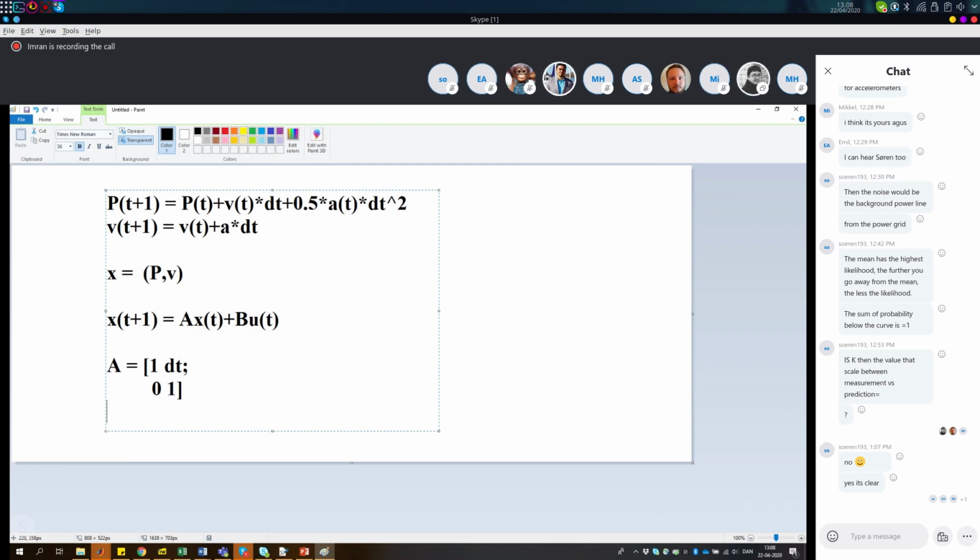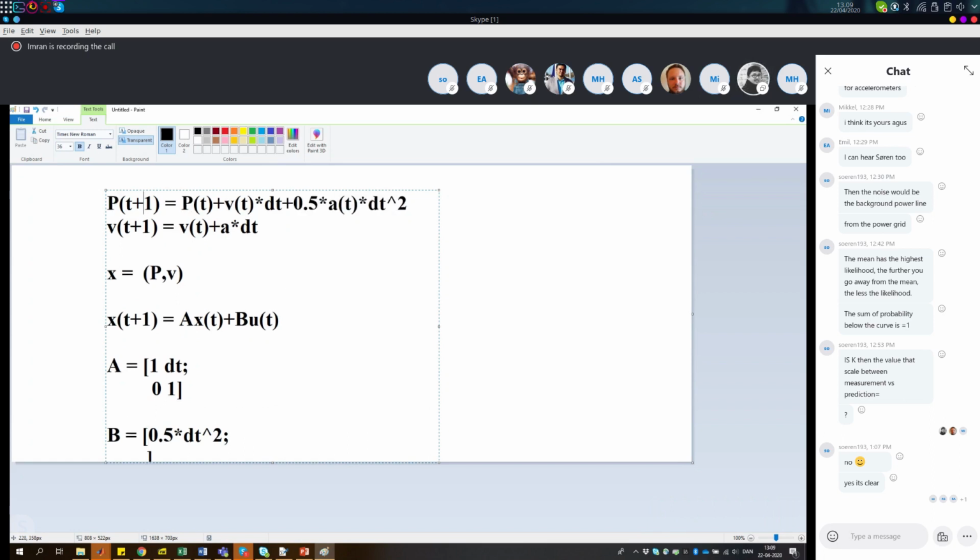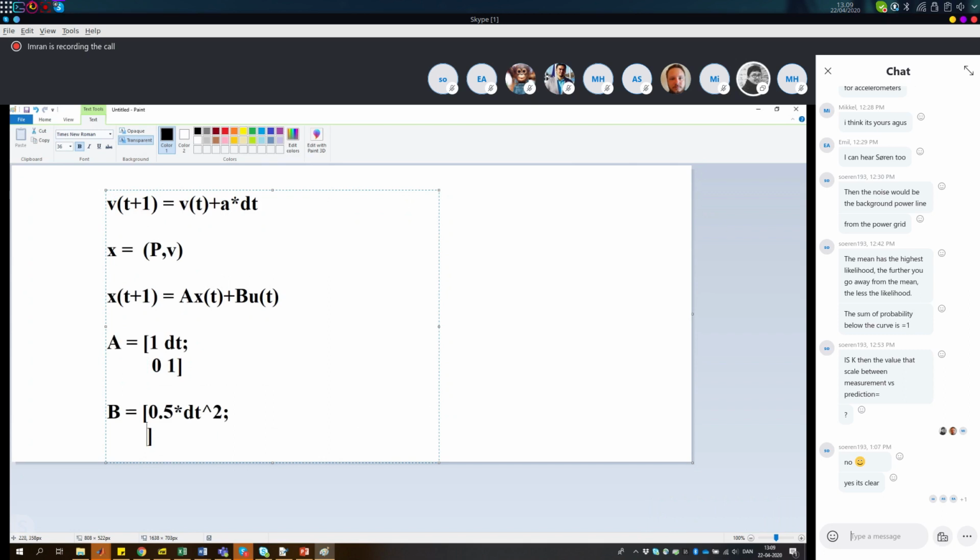So what is A? What is B? Sorry, B. You have matrix B. Then matrix B would be, the first one is half of dt square, and the second one would be basically dt.